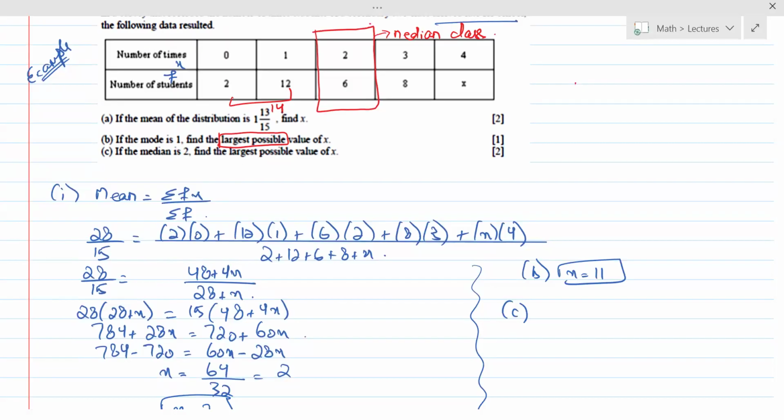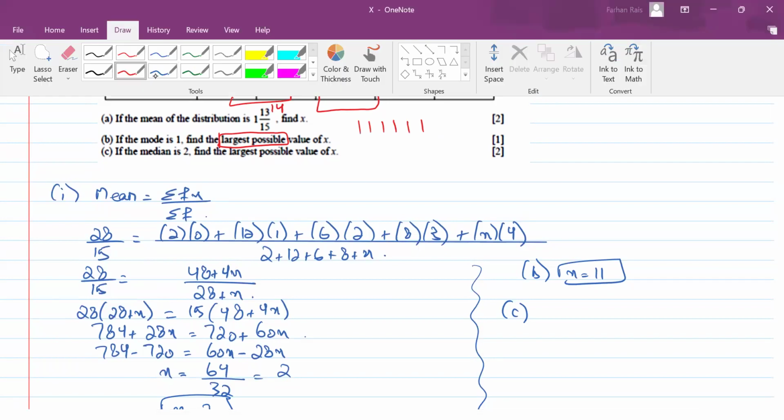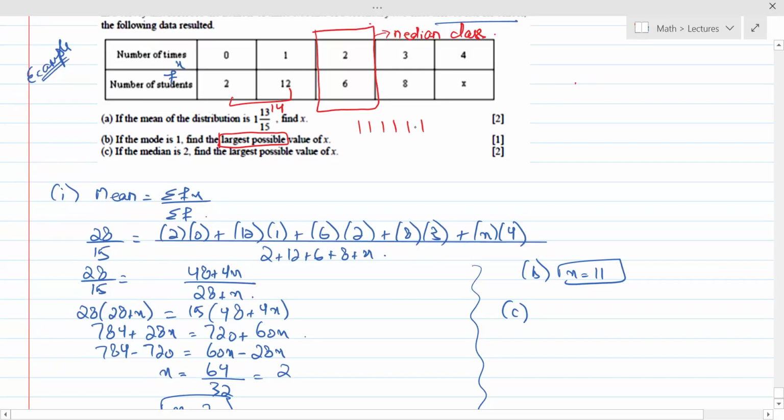And the largest possible value of x is only possible when, out of these 6 values, we have 6 different values, 1, 2, 3, 4, 5, 6. So if you have to pick the median where you have to make x the greatest value, then out of these 6 different values, the median person should definitely be the 6th person. So this value should be the middle value.